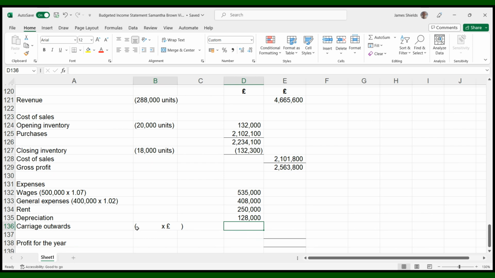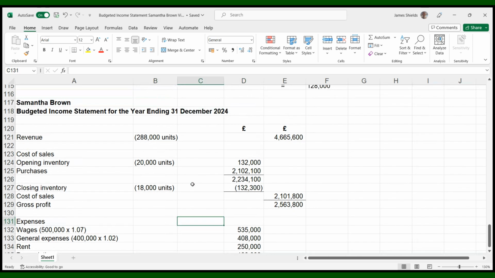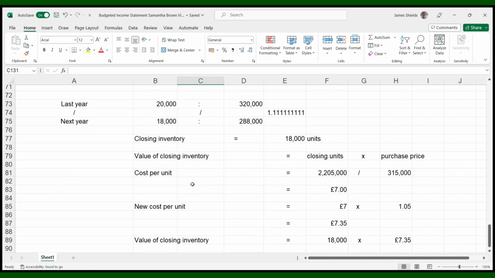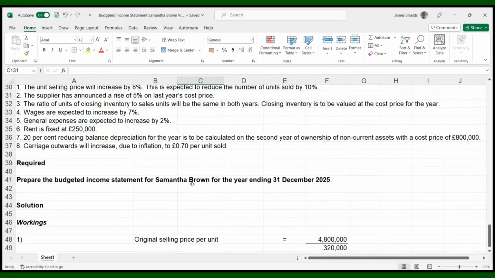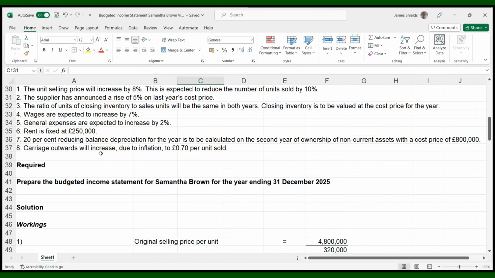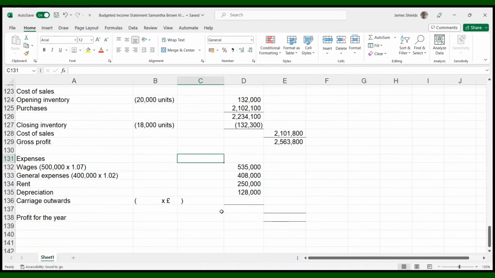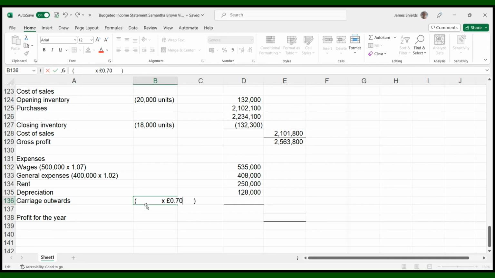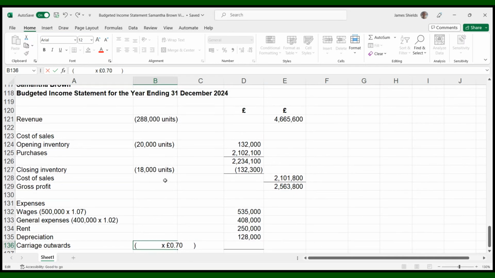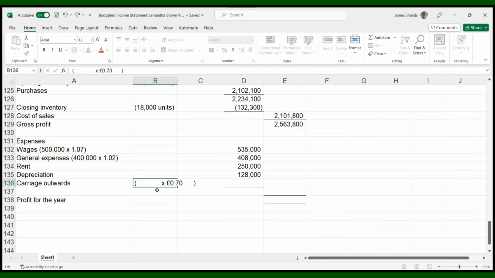£128,000. Now, there's something about carriage outwards as well in the notes. I think it's the last point. So carriage outwards, it said, due to inflation, has increased to 70p per unit. So £0.70 or 70p per unit. So I'll put in my little calculations. Now, the number of units is the number of units sold, and that was 288,000.